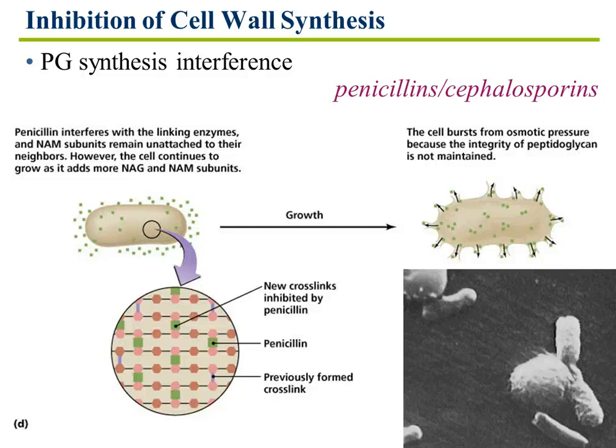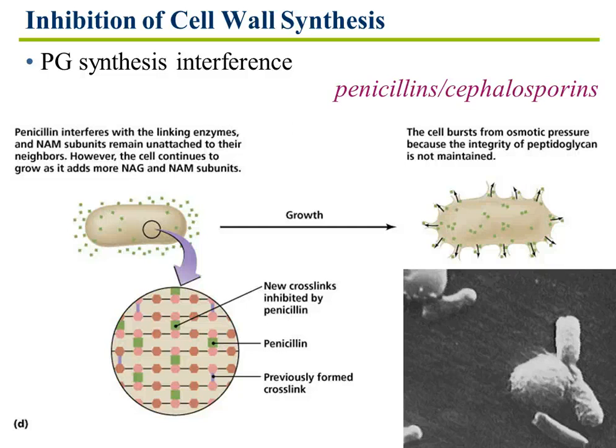Now, extending down, linking the pallets together, or linking the PG layers together, there would be like twisty ties or chains of amino acids holding all the pallets together. And that's where penicillins and cephalosporins, because they work the same, work. They block that cross-linking, so it makes for a very weak PG, and in fact it creates holes in the PG.